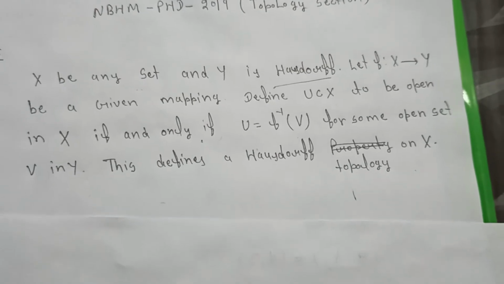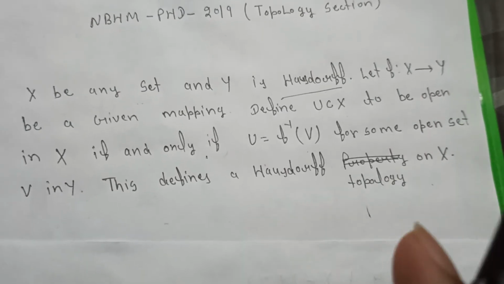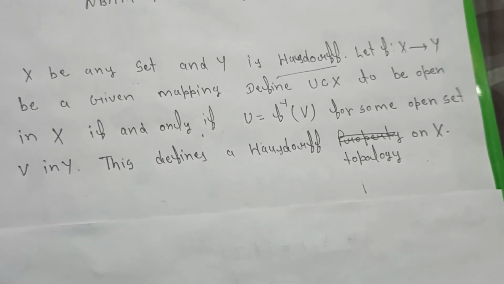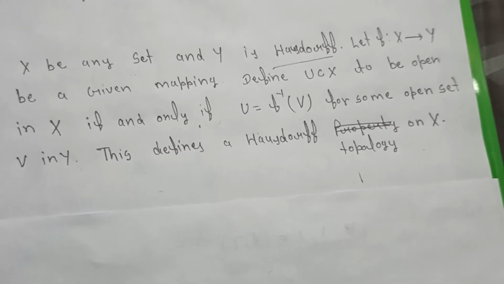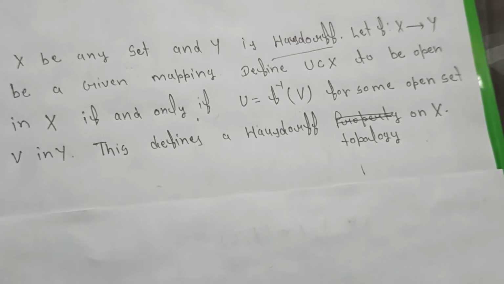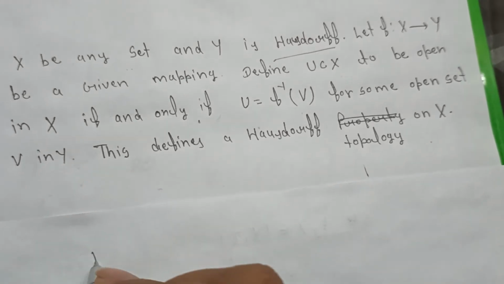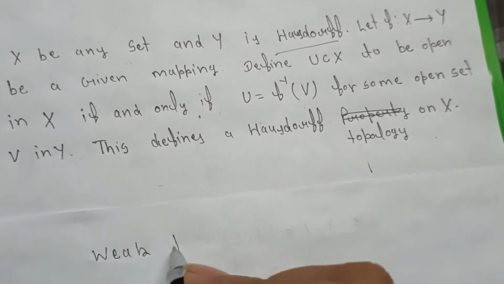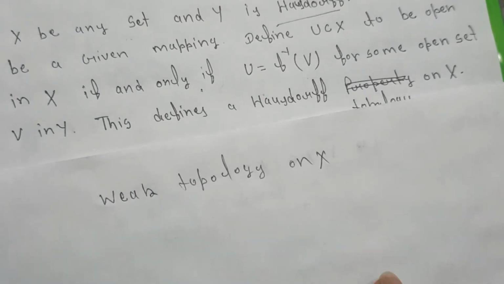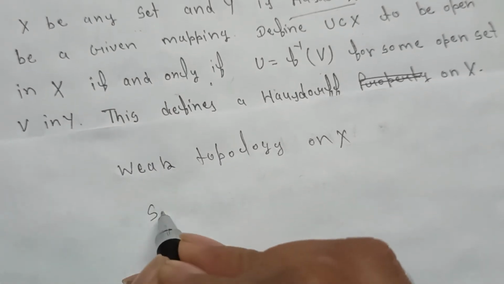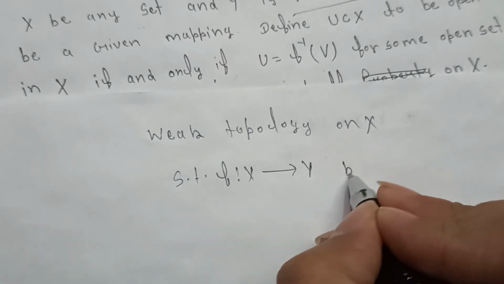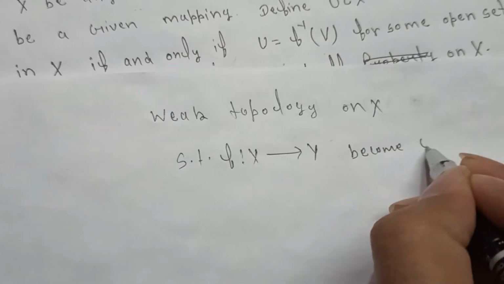This was the question. Now, to check that this is a Hausdorff topology on X, first we have to check that this is a topology on X, and that is very easy because it defines a topology with a very special name, called the weak topology on X, such that f from X to Y becomes continuous.